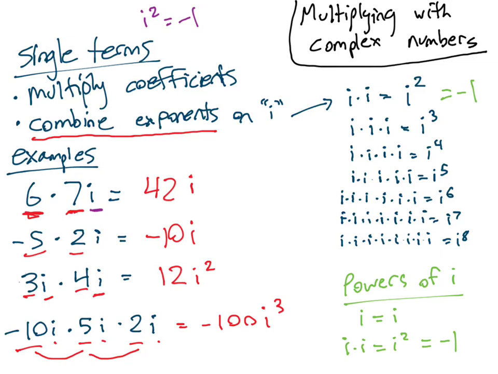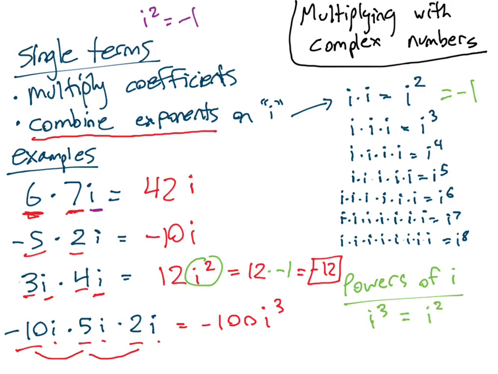So anytime we have i squared left over in our final answer, we want to simplify that and turn it into -1. So 12i squared becomes 12 times -1, which gives us the answer -12. Now let's look at what happens if we take some even higher powers of i. So i to the power of 3 can be considered as a product of i squared times i.